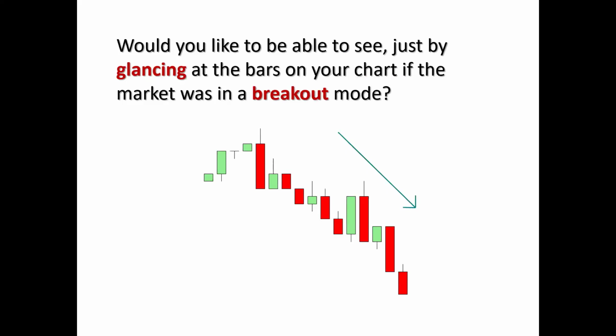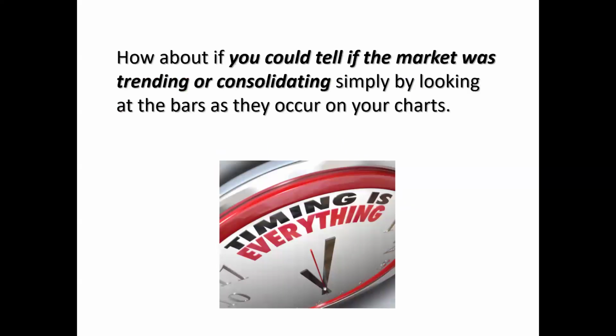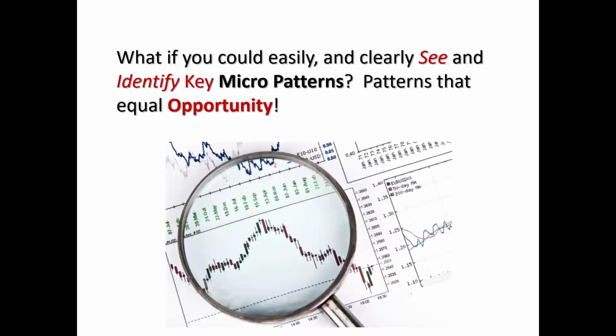You'll want to be able to see by glancing at charts if your chart is in a breakout or breakdown mode, break up, break down. Or tell if the market is trending or consolidating by looking at the bars as they occur on the charts. All these things are possible with these different bars.